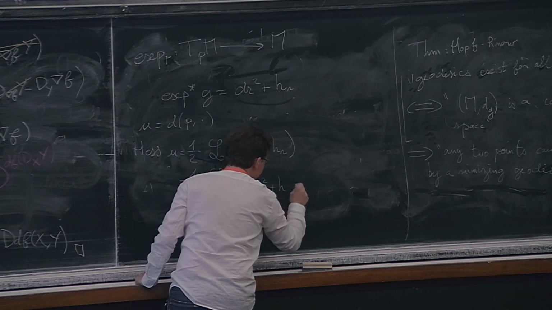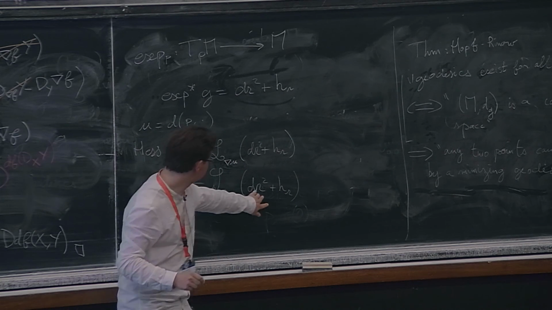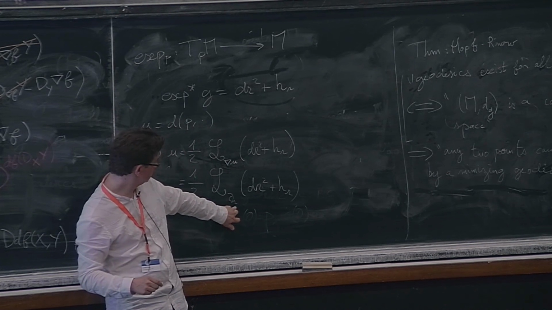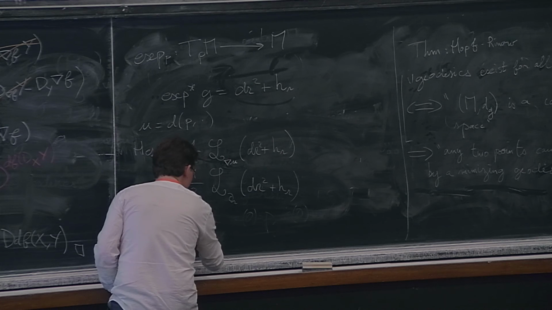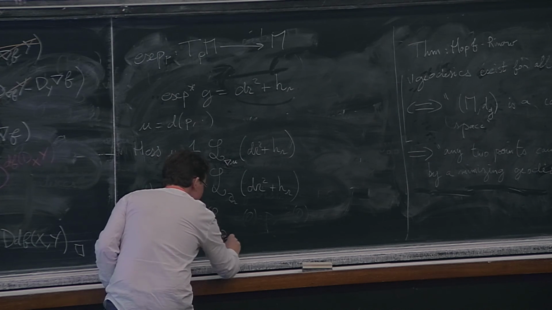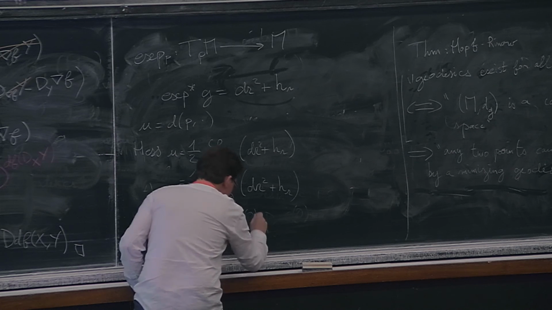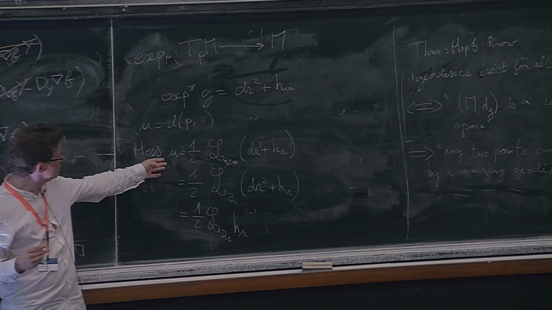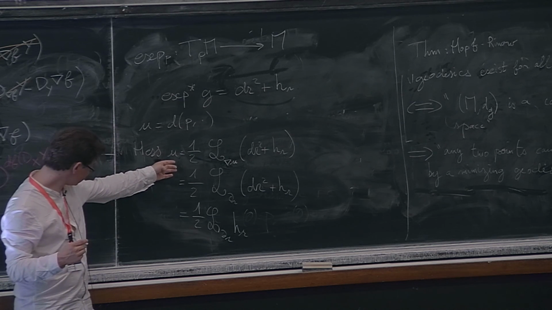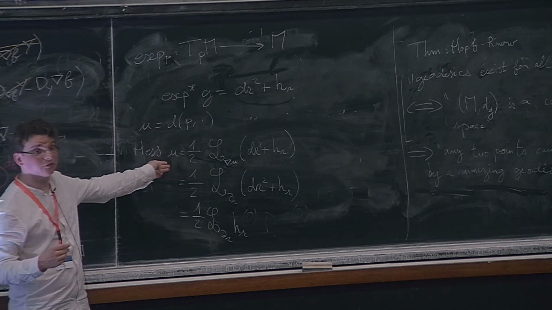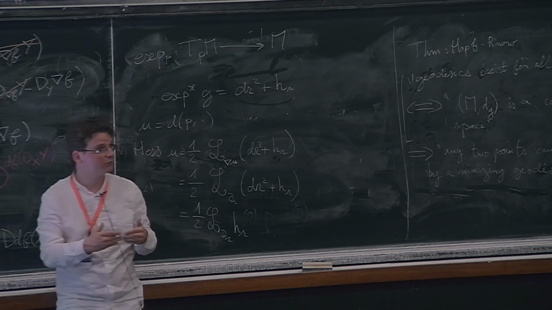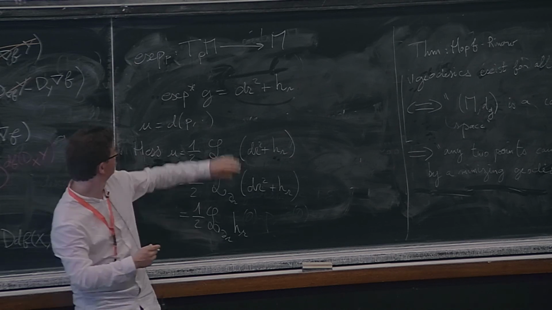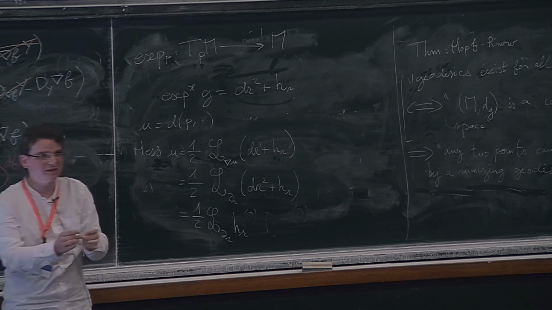Basically this vector field is a coordinate vector field inside the exponential chart. So dr squared plus hr. And this derivative doesn't change at all when you move along this radial direction. So you will see only this guy, 1/2 L dr of hr. So what that tells you is that the Hessian of the distance function, and we will see that it's really important to control that, controls how this part of the metric is changing, how fast, when you start from the center of the coordinate chart and move along.